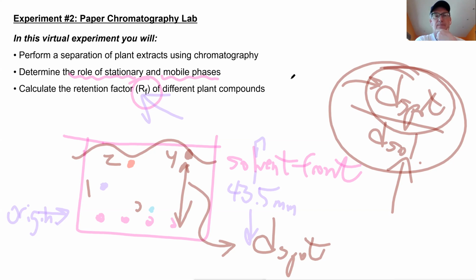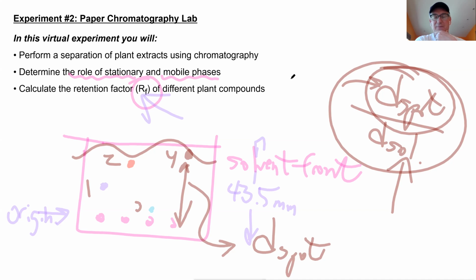What do we think? Does the distance the spot moves, is that an intrinsic property of the compounds in that spot? Man, how do I get everyone to wake up today?